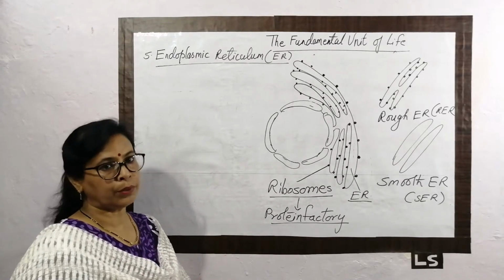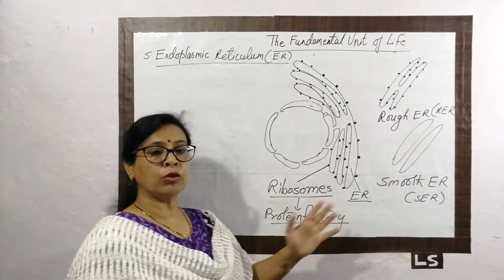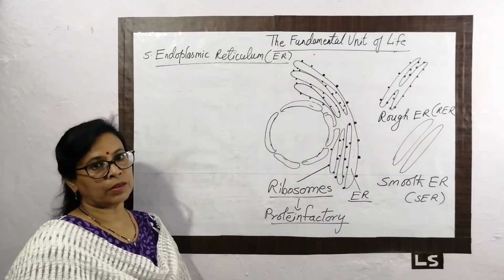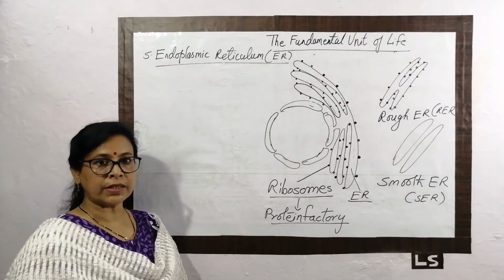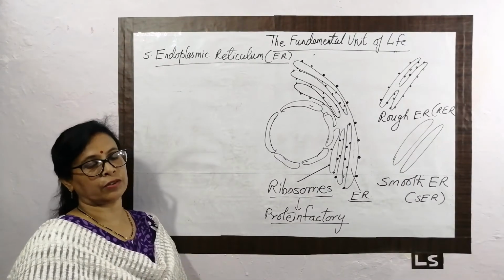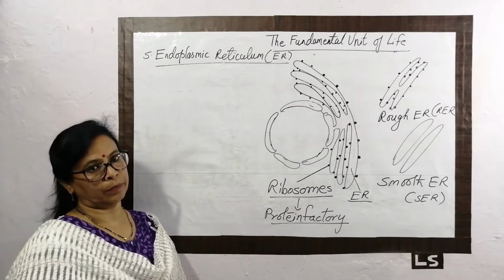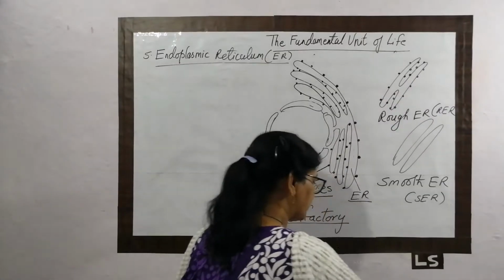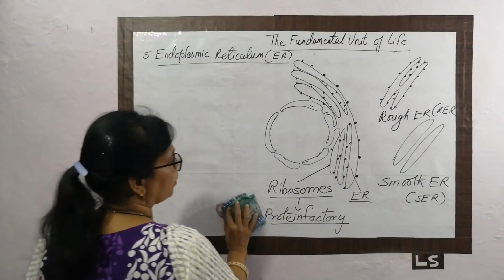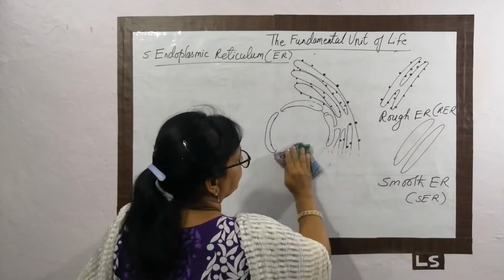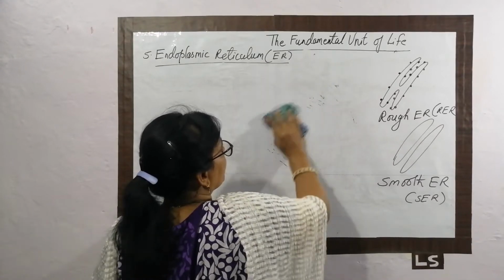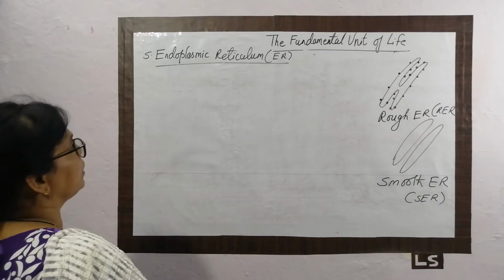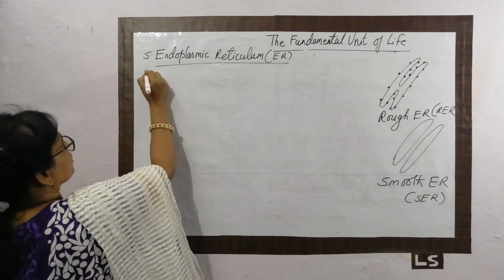And second is the smooth endoplasmic reticulum. Why is it called smooth? Because no ribosomal units are present on the outer surface. So this is about the endoplasmic reticulum. Now move towards the definition. How would we define the term endoplasmic reticulum? Now, the definition.